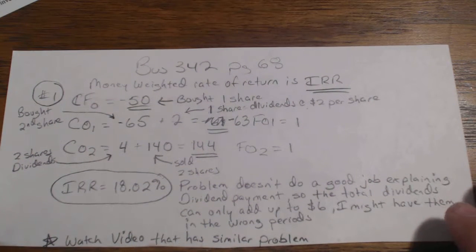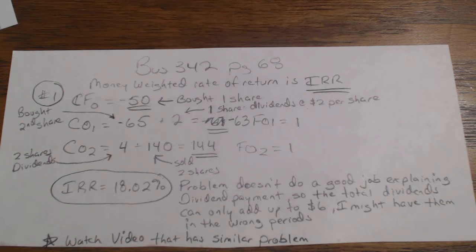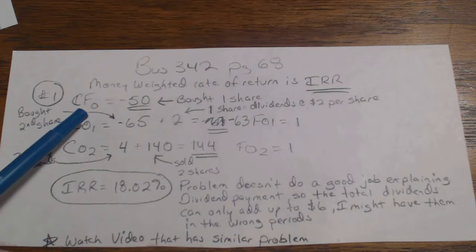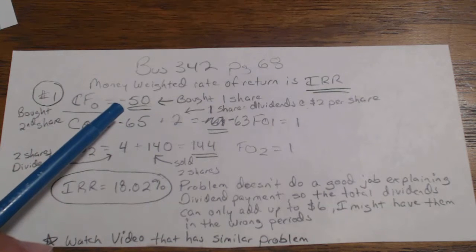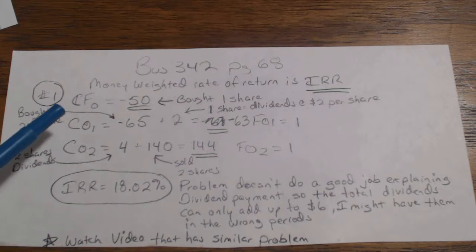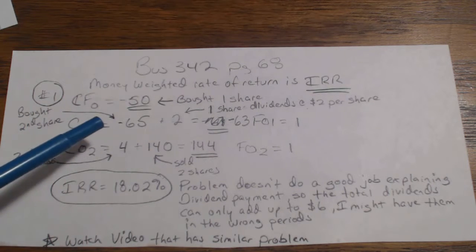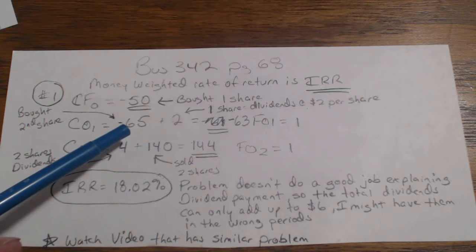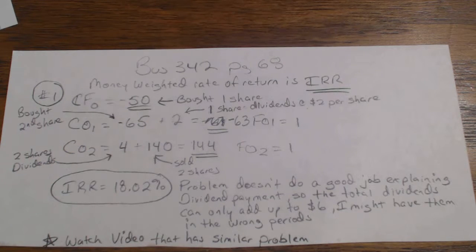Okay, so the investor purchases a share of stock for $50 at time 0. So CF0, remember, this is a cash outflow, so it's negative 50 for CF0. Then CF1, time period 1, they purchased another share at $65, so it's a negative 65 that you input, but you also already had the one share.